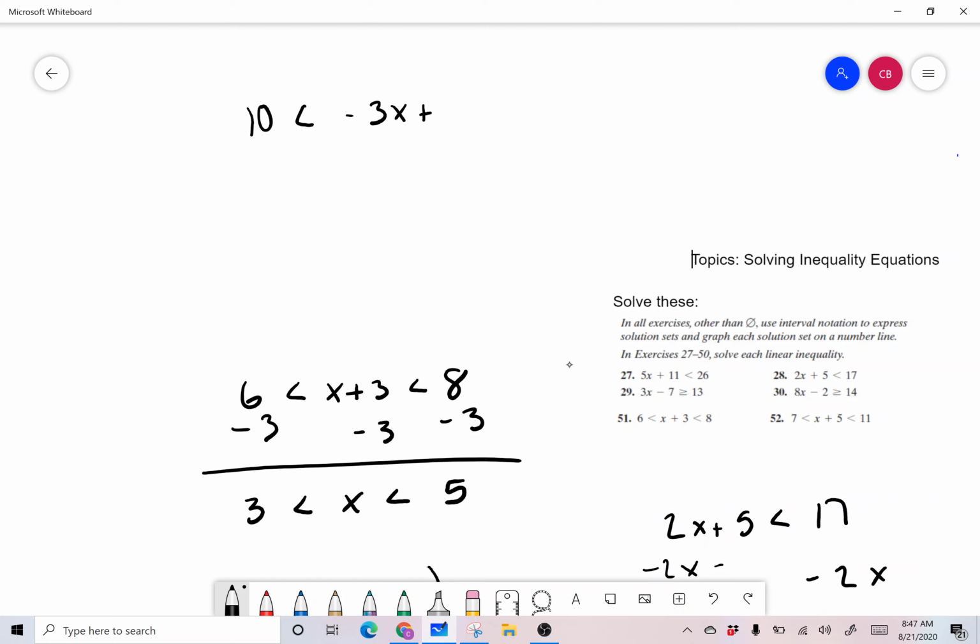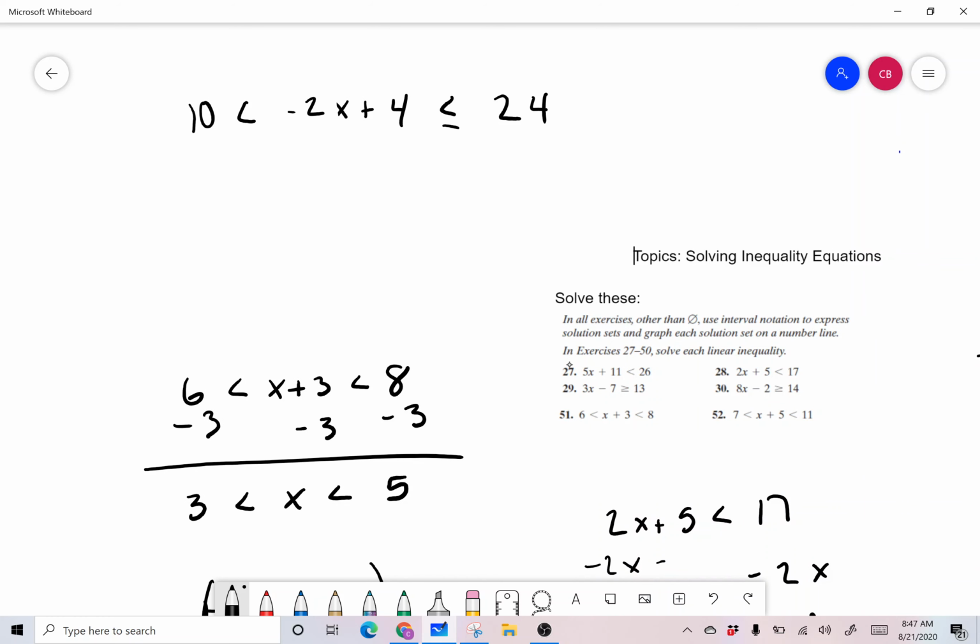Let's do negative 2. 4 is less than or equal to 25. No, not 25. Let's do 24. I just wanted to have nice solutions. So we're going to subtract 4. That is going to give us 6 is less than negative 2x is less than or equal to 20.